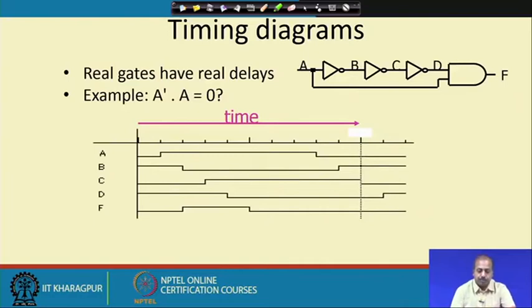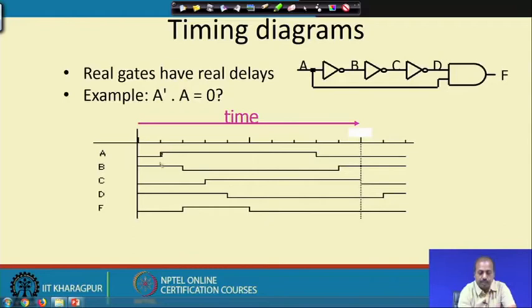How? Suppose A is changing like this. A was initially low, and now it changes to high at this point. It stays high for this much time, and then it goes low again. If this inverter has some delay, this change of A will be reflected at output B after some time. This is the delay of one inverter.